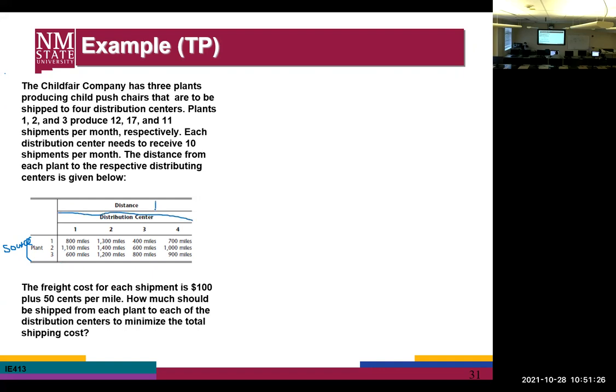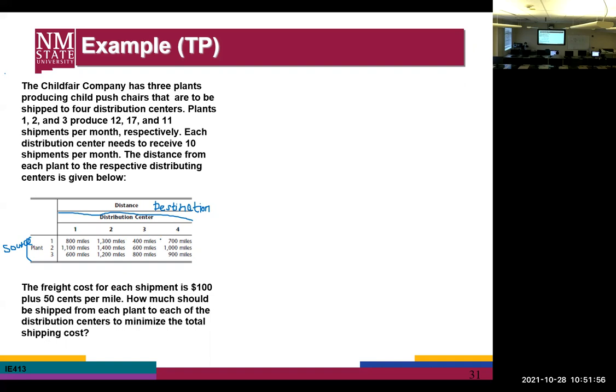For destinations. So we have 3 sources, 3 different plants, and 4 destinations, 4 different distribution centers, right?